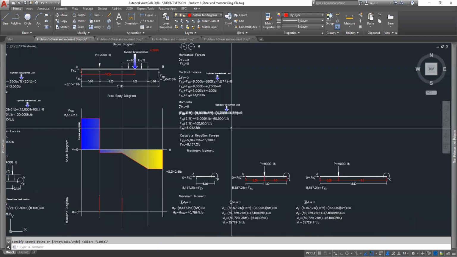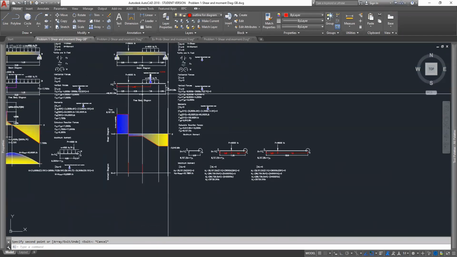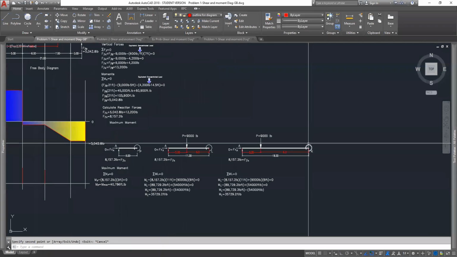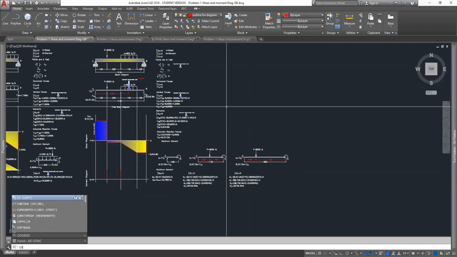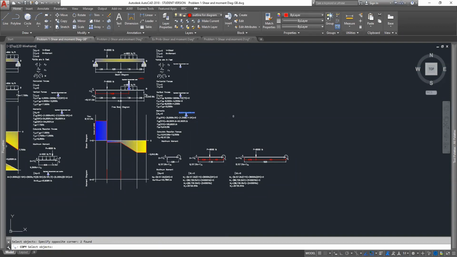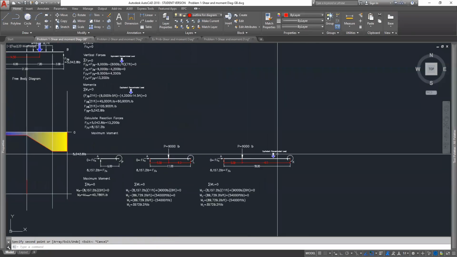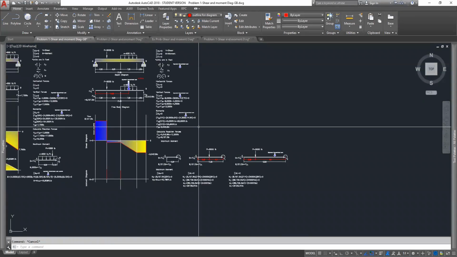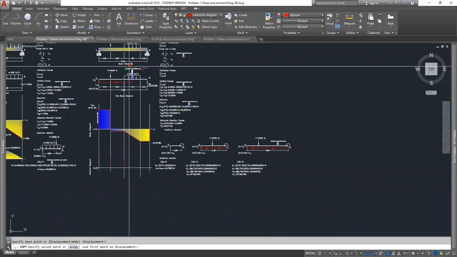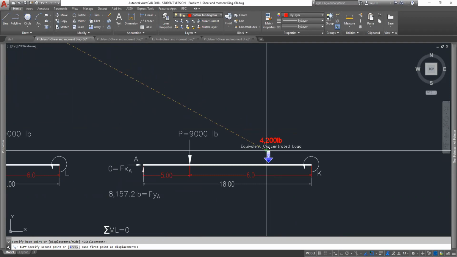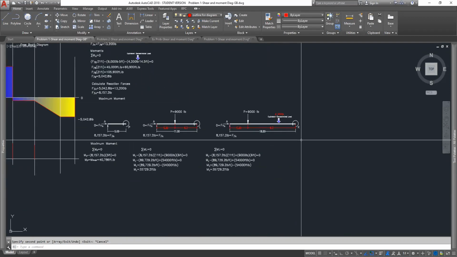In this case, we're doing it from a point called K. So we need to find out what our equivalent concentrated load is going to be right in here. Now we know the value of the load is 4,200 pounds, but we don't know the location of it.